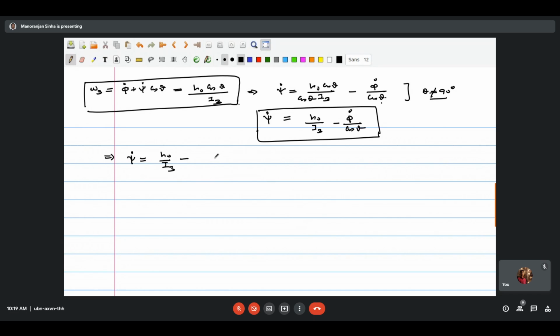Now phi dot we have already derived above. Phi dot is the quantity, this one. So we utilize this quantity here.